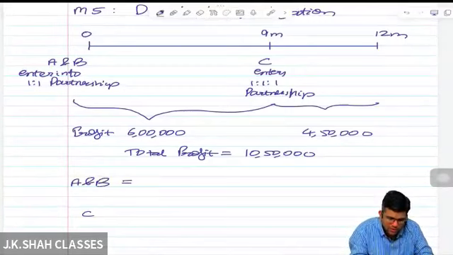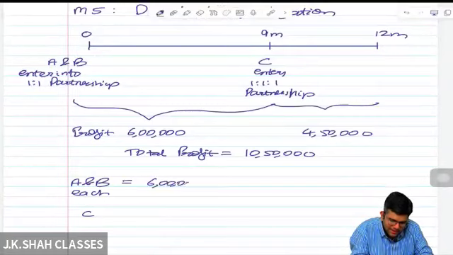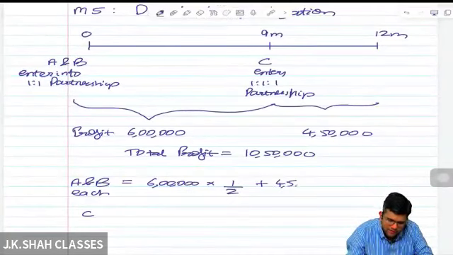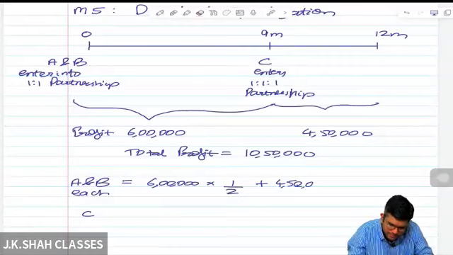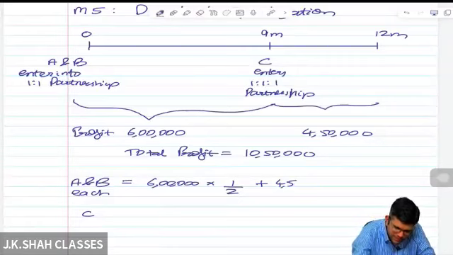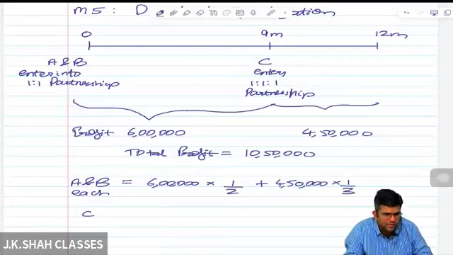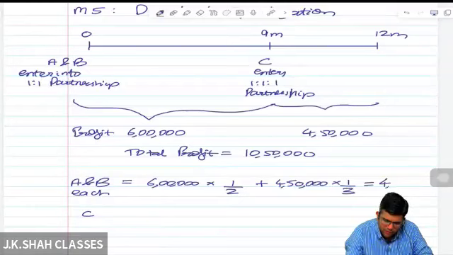A and B, do you realize each will get 6 lakh into 1/2 plus 4,50,000 into 1/3? Do you agree with me? And that is 3 lakh plus 1,50,000, so 4,50,000 each one of them will get.